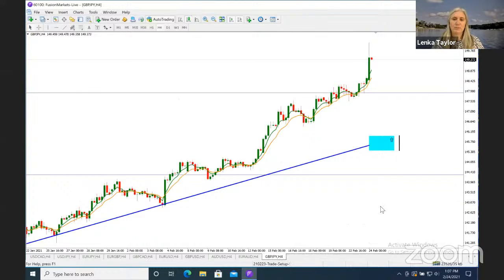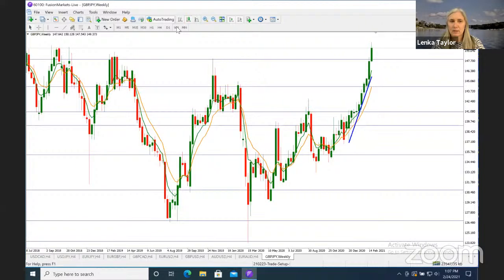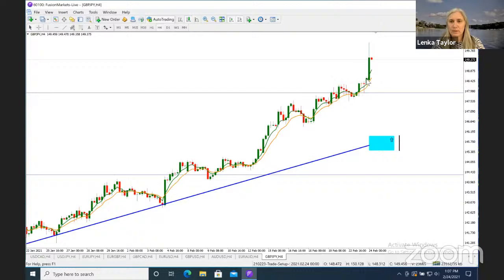And the next one, GBP JPY. So that one, okay, this one is just above that. I think it's a weekly horizontal. So this one might have a secondary entry area.